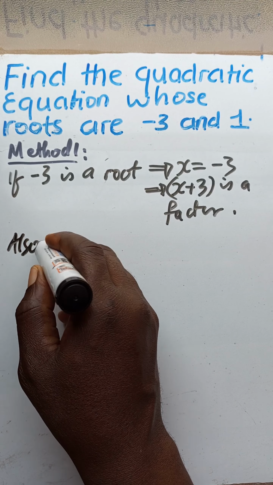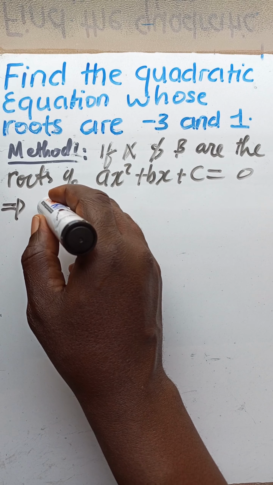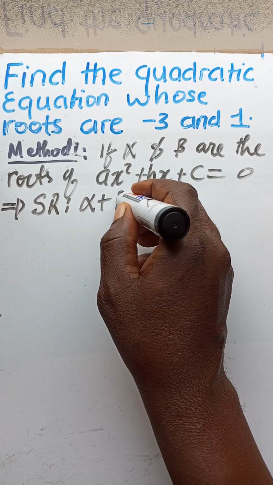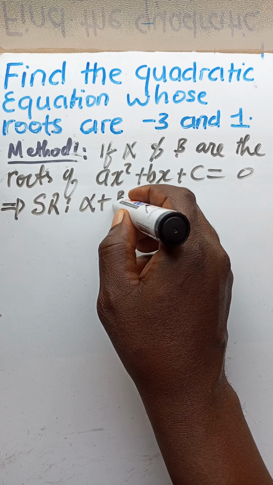It says that if alpha and beta are the roots of the quadratic equation ax squared plus bx plus c equals 0, then sum of roots, that means when we add up the roots, alpha plus beta is -b all over a.